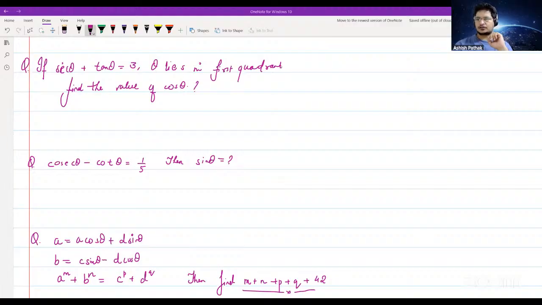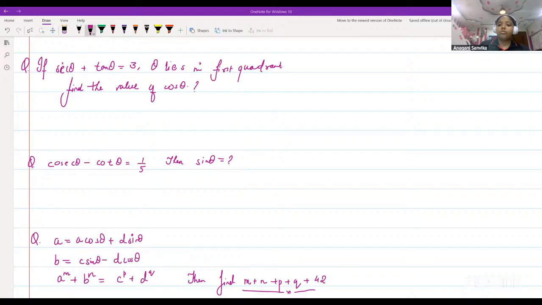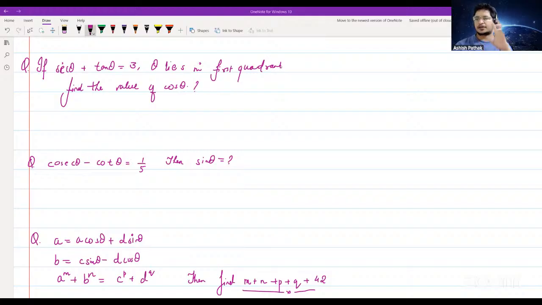Have you understood how will you solve the first question? Squaring on both sides. Okay. Can do some other things rather than squaring. Equal to 3. Okay. Start with squaring, and then we will see what will happen.